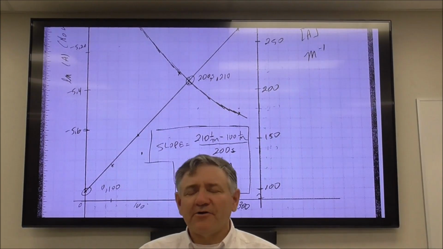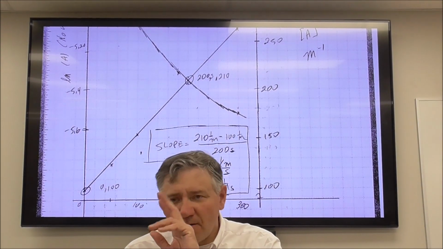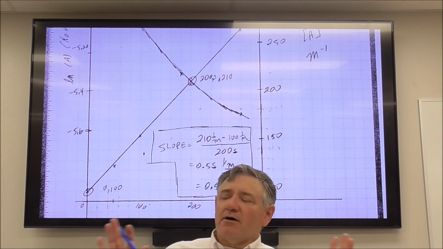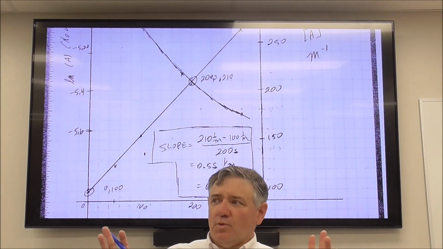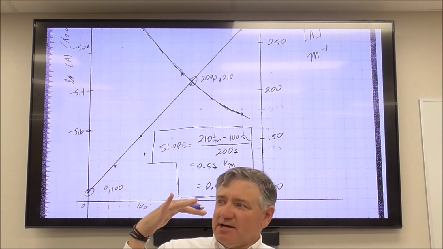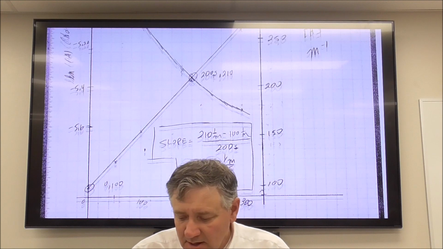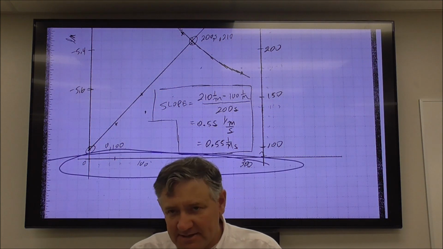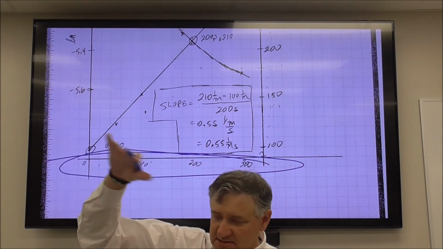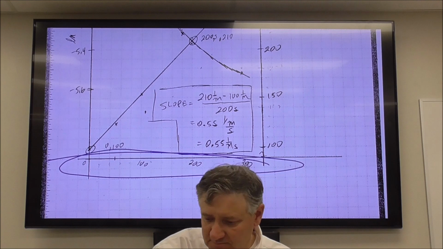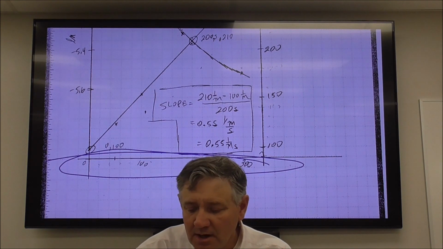Okay. So I'm going to show you two different techniques depending upon how comfortable you are with graphing. To save myself some time, I put my time on the x-axis, because time is always going to go on the x-axis: 0, 100, 200, 300.